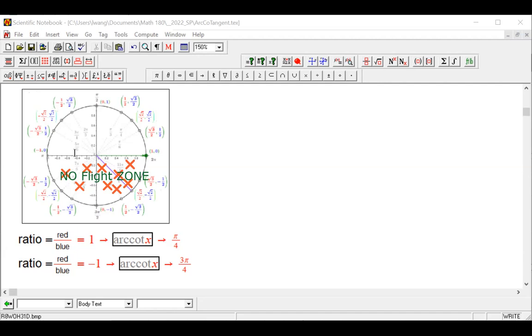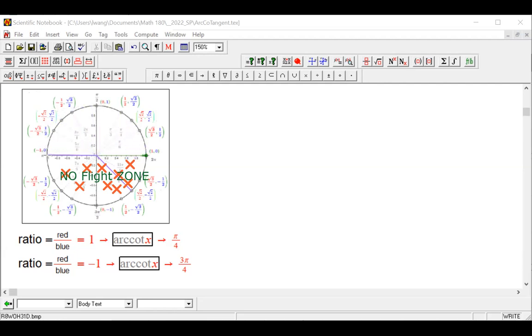ArcCoTangent is created by dropping quadrant 3 and quadrant 4, and looking at the ratio we can form by red divided by blue, and that corresponds with the angles measured from standard position again, right?